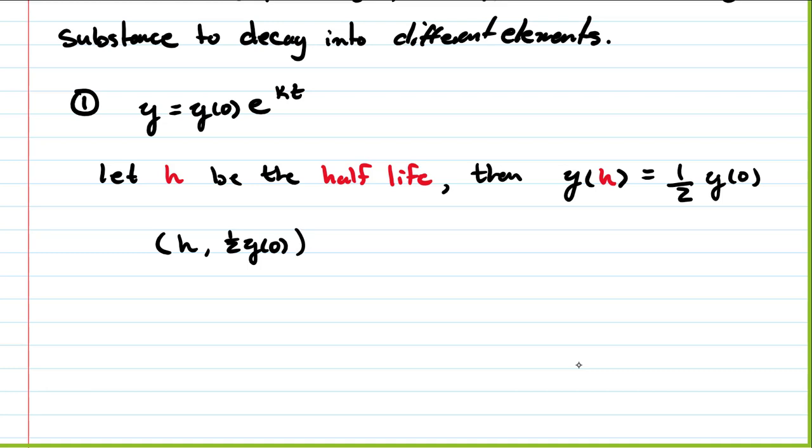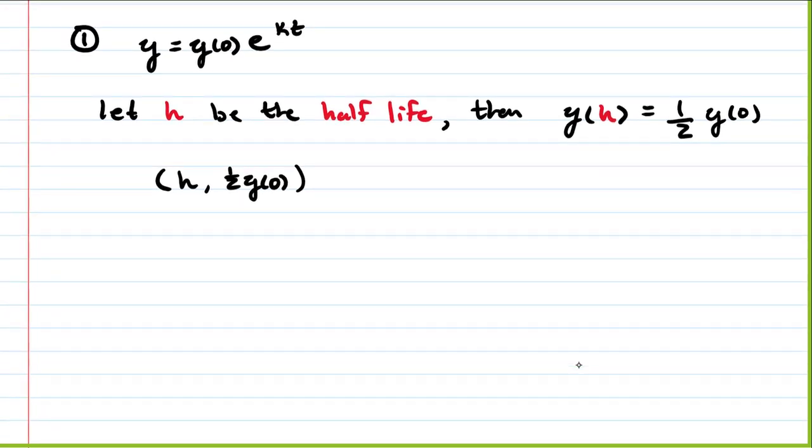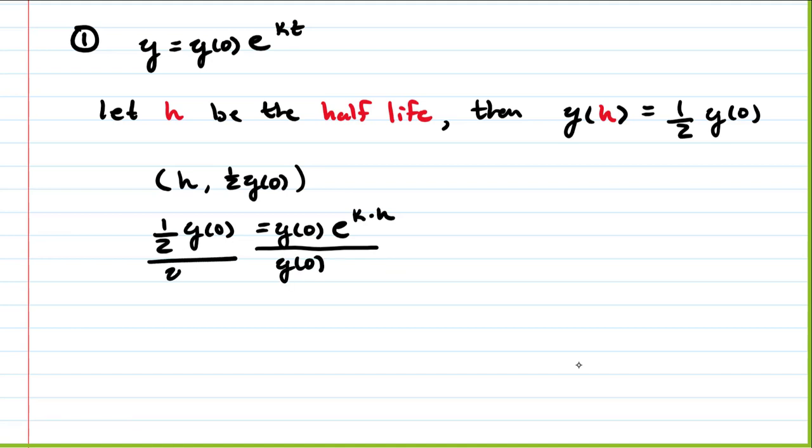So we can now use this to solve for k. We put this in, and we have 1/2 y of 0 is equal to y of 0 times e to the k times h. We isolate our exponential by dividing both sides of the equation by y naught.